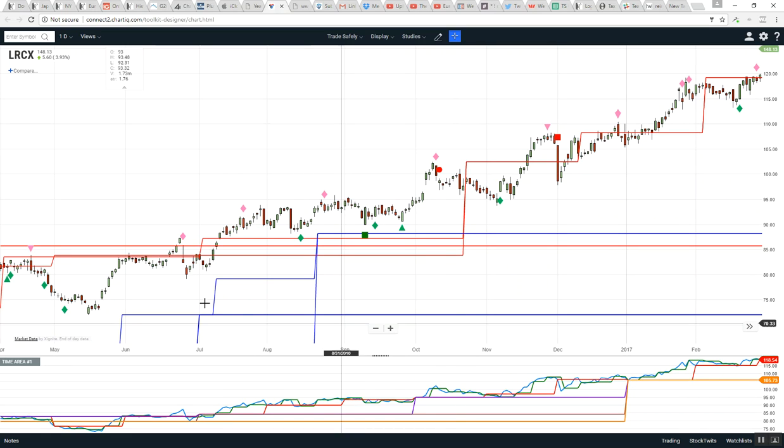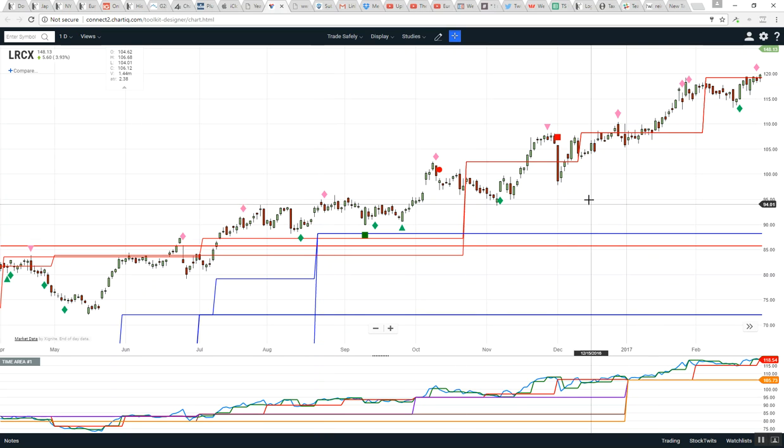So what does all that mean? A signal like this, for instance, where we get a signal out of support, like this green one here. That's the sort of signal that we would be interested in. Where we get these sort of signals, like this particular sell signal up here, that pink diamond, that's not at a support or a resistance, so we would tend to ignore that.